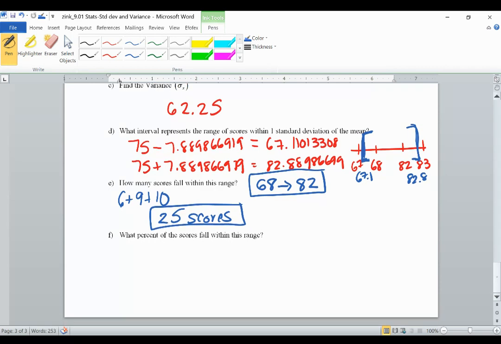And then lastly, what percent of the scores fall within this range? So you're going to take how many scores you had within the range and divide that by your total. So we have 25 scores out of a total of, and then in your calculator, you can find this would be your n value.